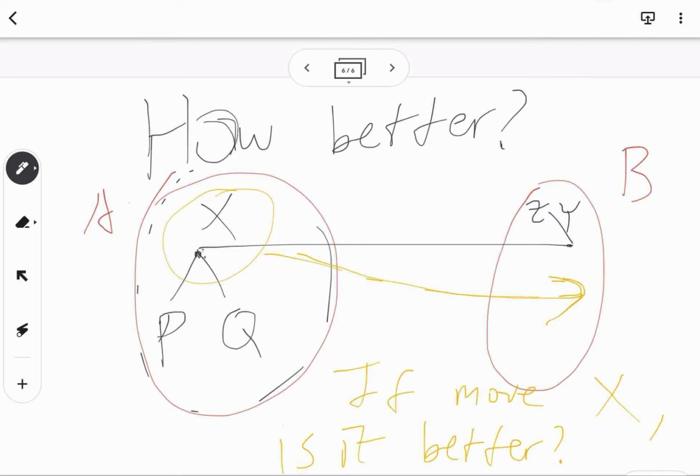But the thing you notice is that the number of edges within each set A and B decreases. We're only considering edges within the sets. It's not showing up for some reason.